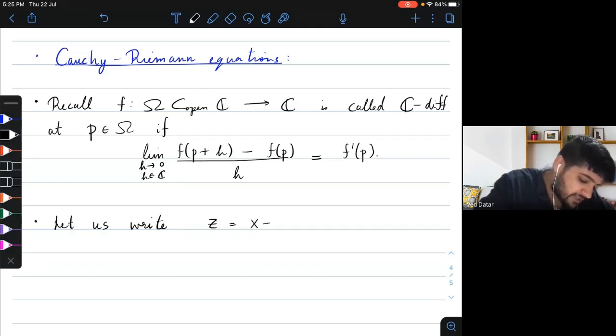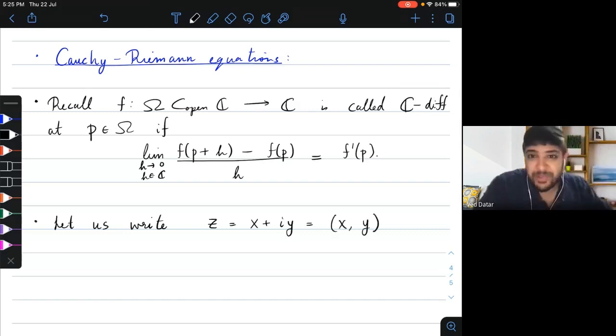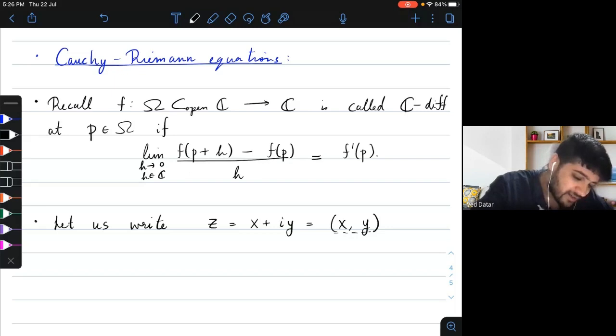Now let us write z as x plus iy, or as a pair. If you think of complex numbers in terms of the Argand plane, then you can think of it as a tuple of real numbers. And let us call f as u plus iv.